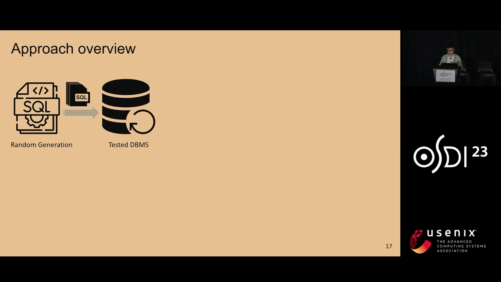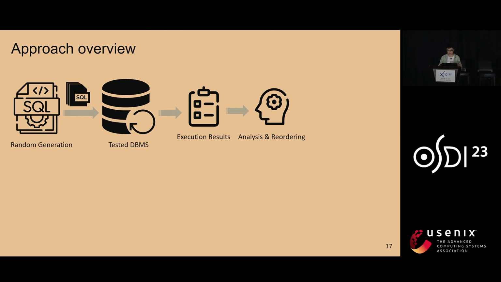Let's introduce the approach in more detail. We first randomly generate several transactions and then send these transactions to the tested database management system. We get the execution result, and then we analyze the result and the generated transactions and get the reordered test case. This reordered test case is guaranteed to produce the same result as the original one.